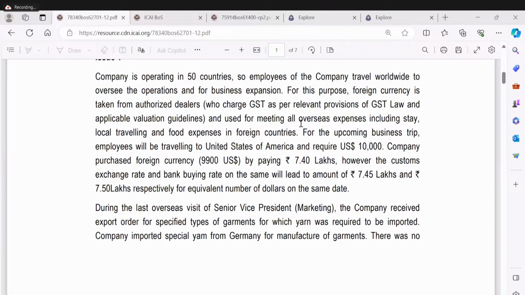We cannot take the transaction value in this case, which is very high, 7.5 lakhs, so 7.4 lakhs, sorry. So we cannot tax the entire 7.4 lakhs for the purpose of GST. We have to actually find what is the value of the service which the authorized dealer is providing to WTL. So for that, we have to go to the valuation rules.